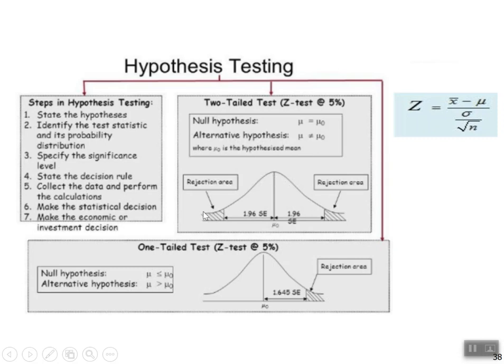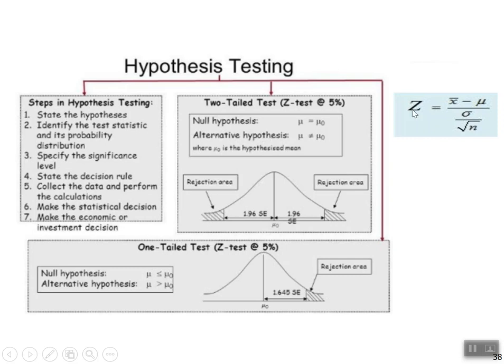Recall from our earlier discussion, 95% of the data are going to occur within two standard deviations. So 1.96 standard deviations between the negative side and the positive side covers 95% of the data. Therefore, when we have our significance level at 5%, this represents 2.5%, and this represents another 2.5%.